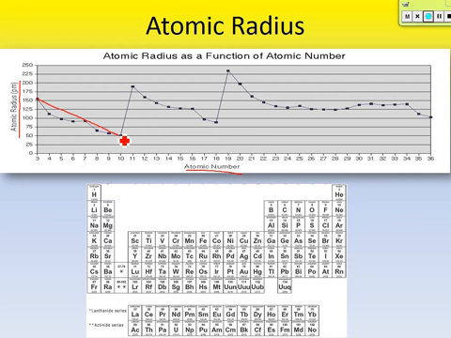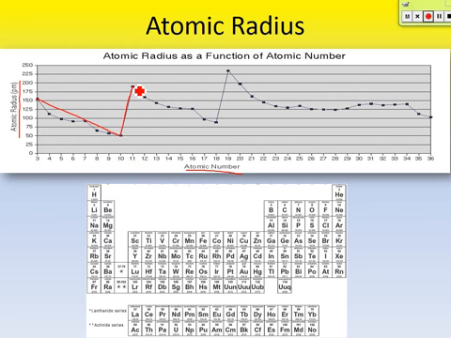Well, let's look at the periodic table. Hopefully you have yours out. 3 is lithium. As we go across to neon, which is number 10, the atomic radius gets smaller as you move to the right. Doesn't it? It does. And then it jumps from 10 to 11. So 10 was neon, 11 is sodium.